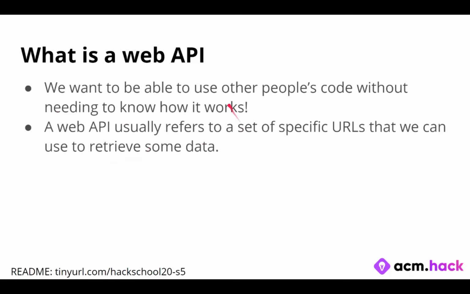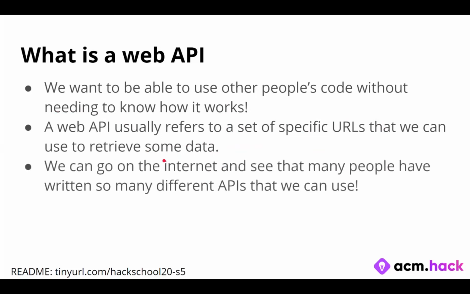It's okay if you don't understand what this means; you'll see later. Lots of people on the internet have written APIs, and we can use their code in a very easy way. There's a very simple method for us to just call it, and we can get their data.